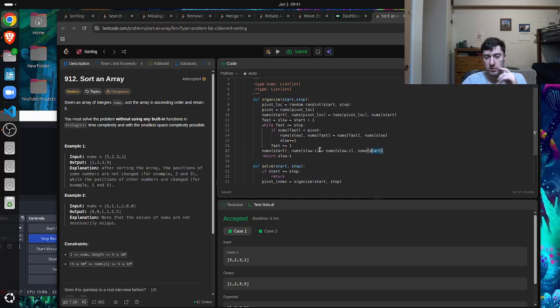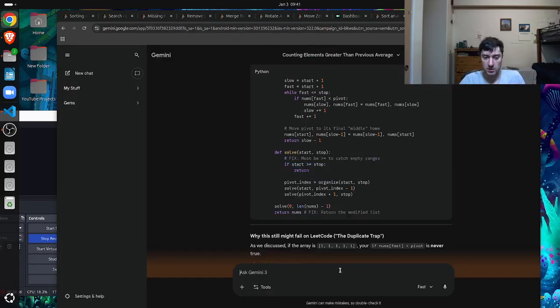First one is, what if we only have two elements that come into my organize? So I'm going to ask this.